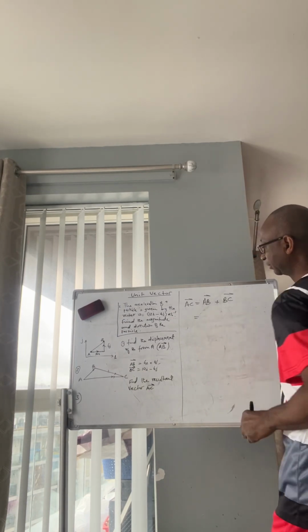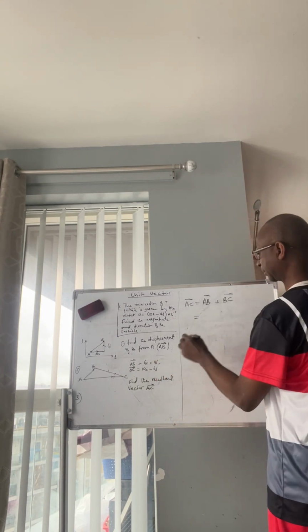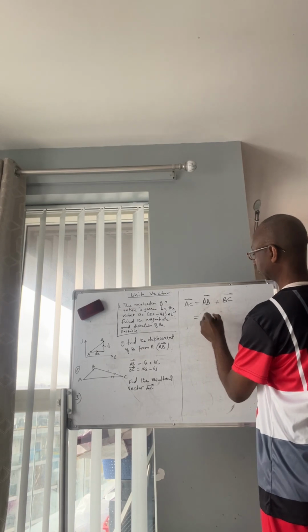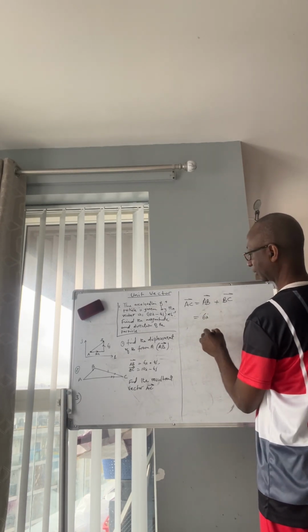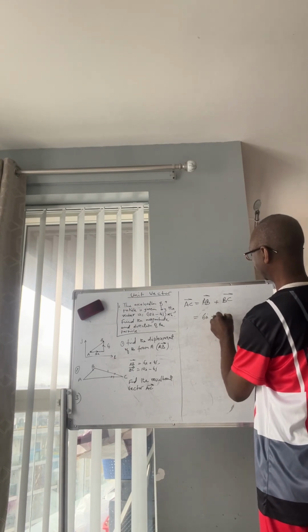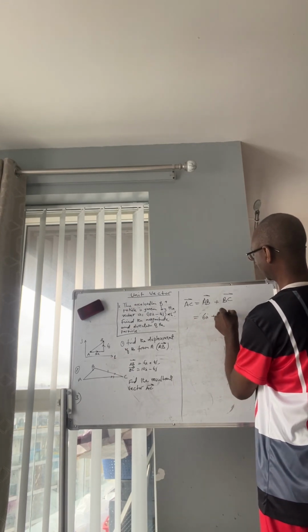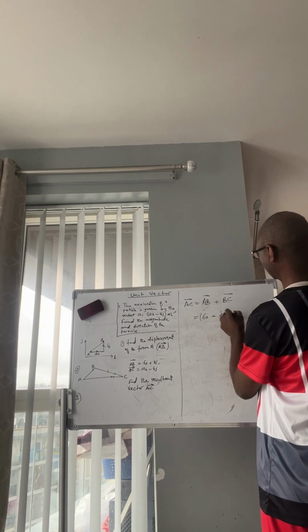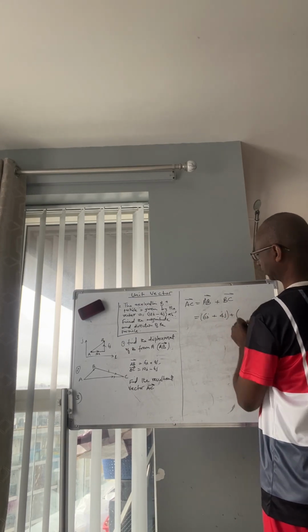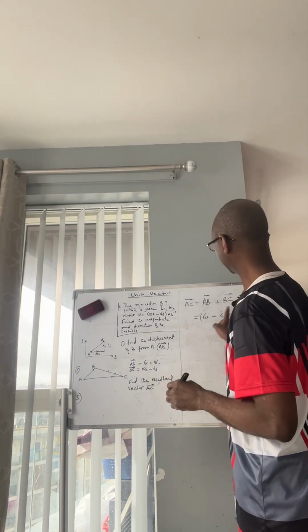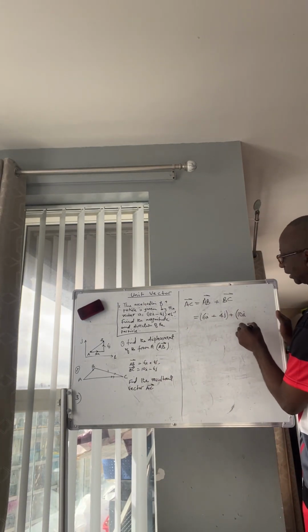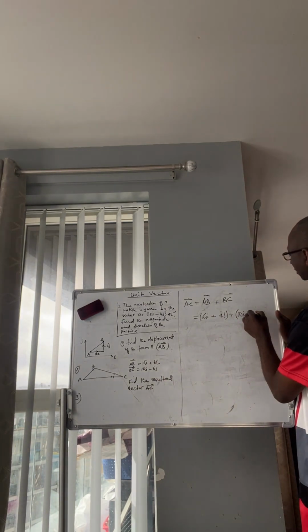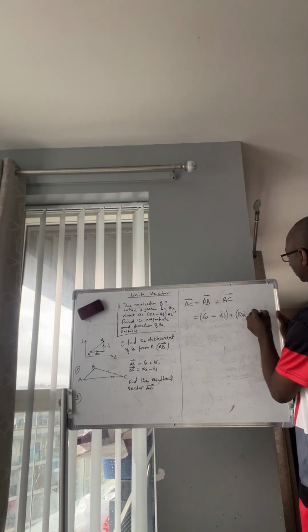And we are given AB as 6i plus 4j. Let's put it in brackets, we are adding here, let's put parentheses. And BC equals 10i, this time minus 6j.